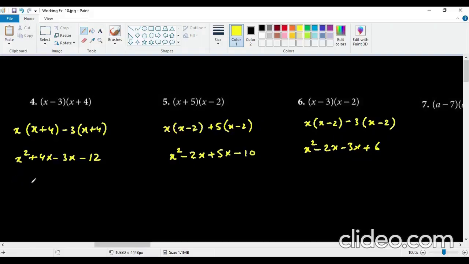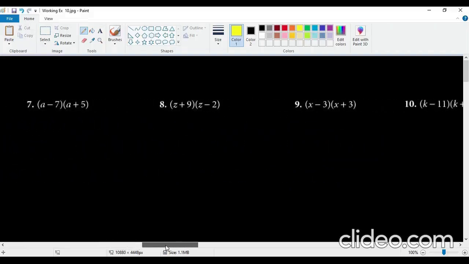Question number 4 is going to give you x square plus x minus 12, because 4 minus 3 is a 1 and we don't write 1. x square and plus 3x minus 10 is going to be the answer, because 5 minus 2 is going to give you a 3. X square minus 5x plus 6 is going to be the final answer for question number 6.